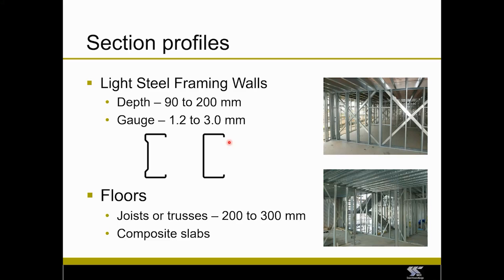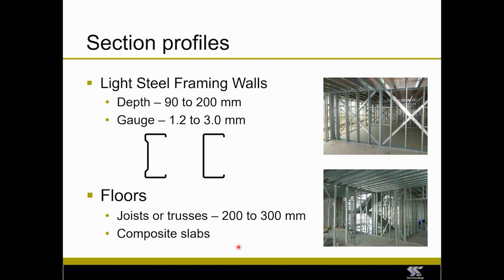So of a multi-story building, you'll have higher gauge studs towards the bottom and lighter gauge studs at the top stories. You may also change the spacing of those studs, which would be typically a maximum of 600, could be down to 300 millimeters, and they can obviously be placed in pairs back to back as well if the structural arrangement is such that that is needed.